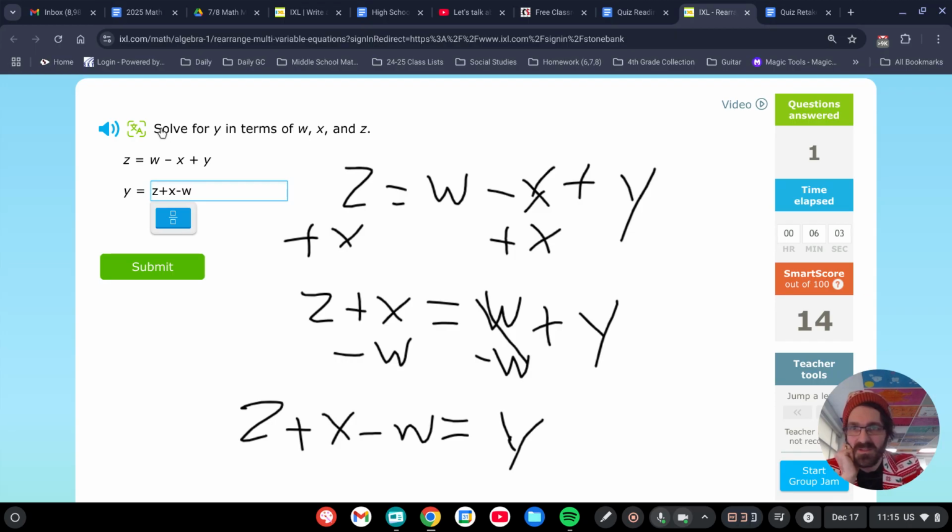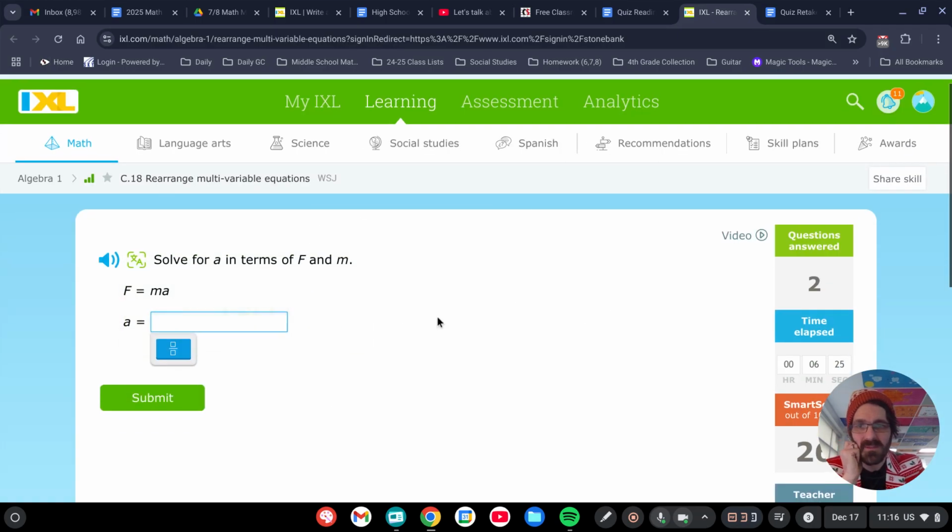Remember, they're going to tell us to solve for a particular variable. That just means we want to get that variable by itself by manipulating the equation. You'll notice we had two steps here. Move the X over, inverse operation or opposite operation, and then get rid of the W. Do it to both sides on both of those, and we end up with a new equation. This should be right. Nice.